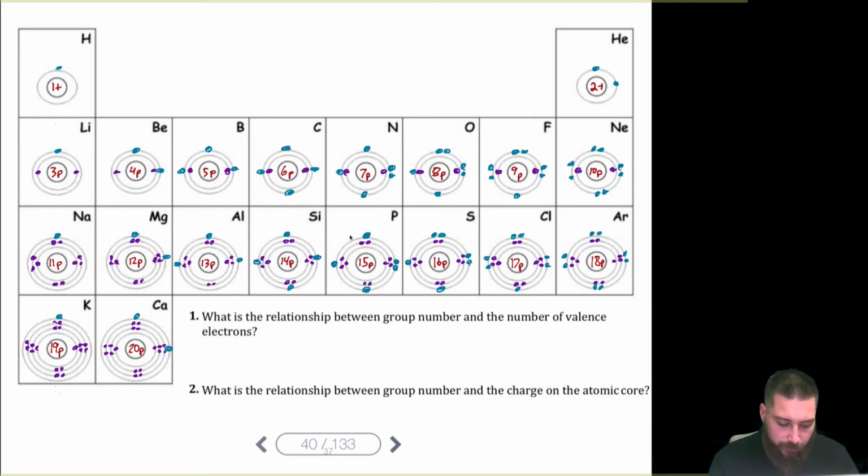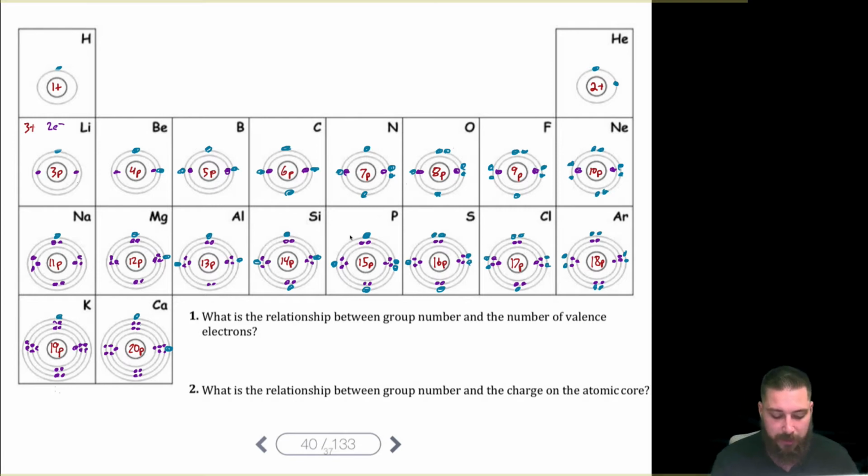If there's 3 positive charges, however, there's 2 electrons that are shielding the nucleus. And I'm going to represent those by a 2 negative. So those 2 inner electrons are shielding that nucleus.